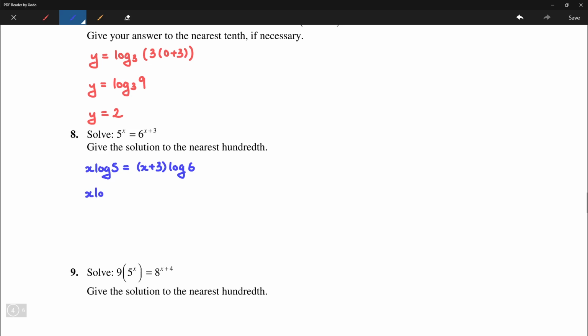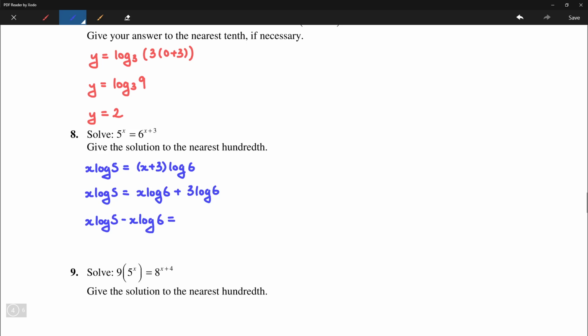After that, we can use the distributive property on the right-hand side. So we have x log 6 plus 3 log 6 on the right-hand side. From there, we can subtract x log 6 from both sides. So we have x log 5 on the left-hand side minus x log 6.